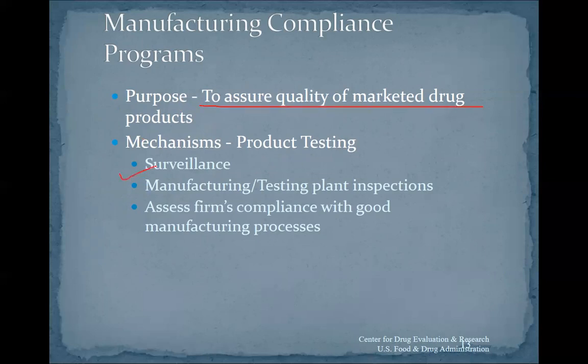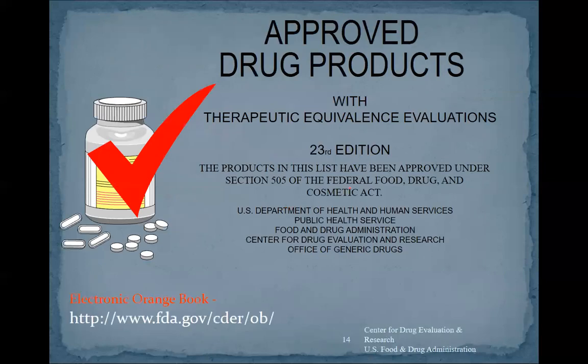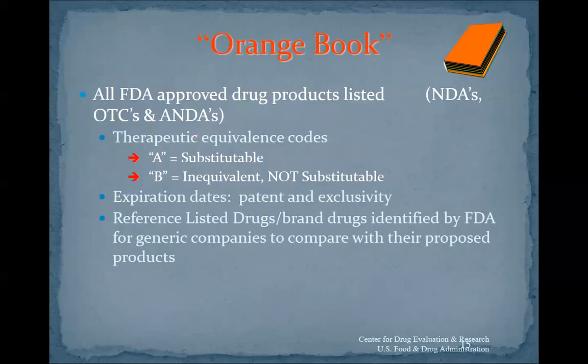The mechanism is to carry out surveillance of the product and manufacturing testing, and to assess the firm's compliance with good manufacturing practices. Once the drug is approved, it comes under the FDA's electronic Orange Book, which tells us which drugs are approved. Approved drugs have two equivalence codes, A and B. A means the drug is substitutable, whereas B means you cannot substitute it for the original drug.